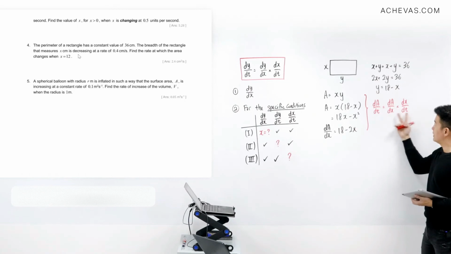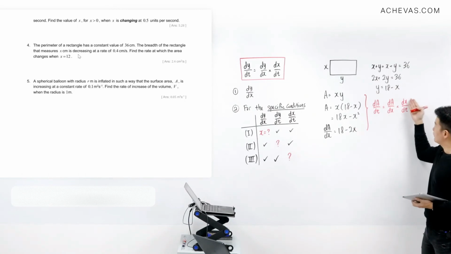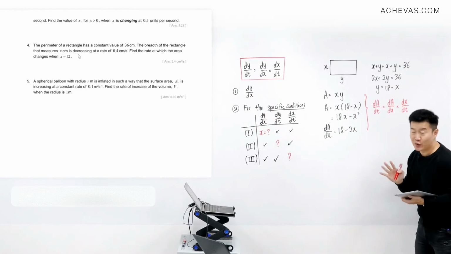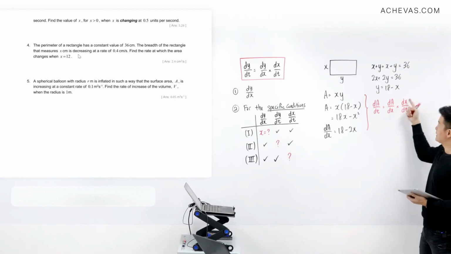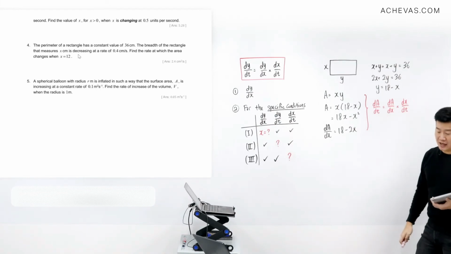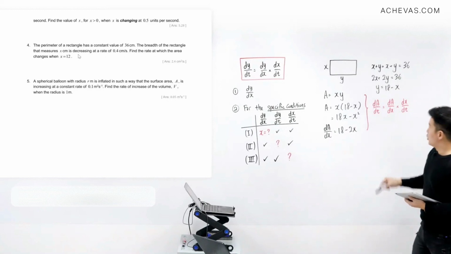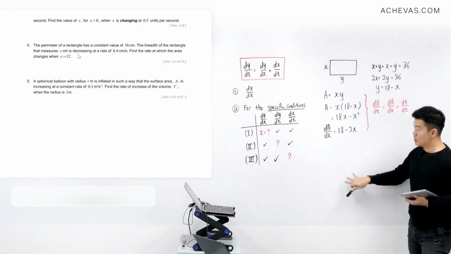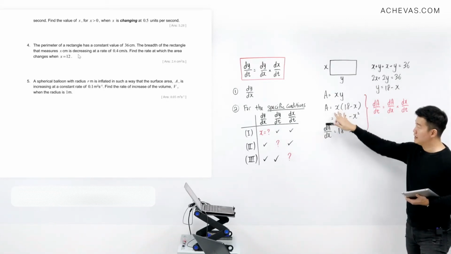If dA/dx is here, then here must be dx/dt, so I can visualize it as if these are fractions, but we know that they are not fractions. But if we were to visualize that these are fractions, then dx and dx can be cancelled, and that will give me dA/dt. So I'm going to be applying this rate of change equation later, and now I've already gotten this and this.